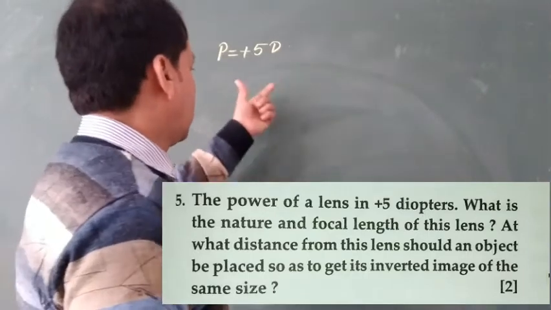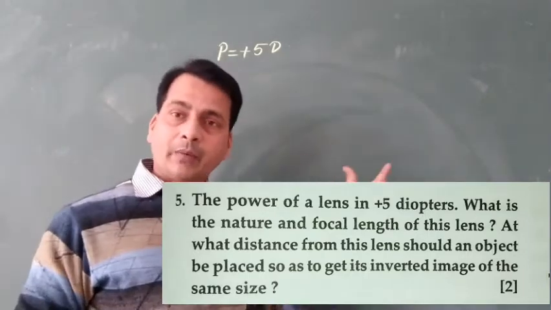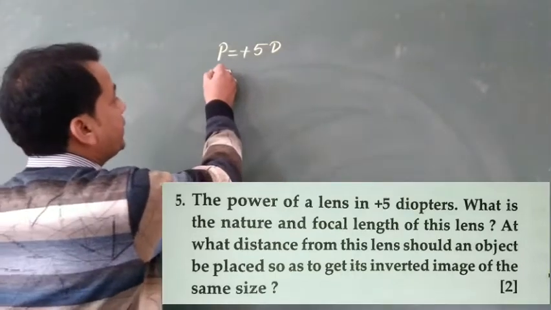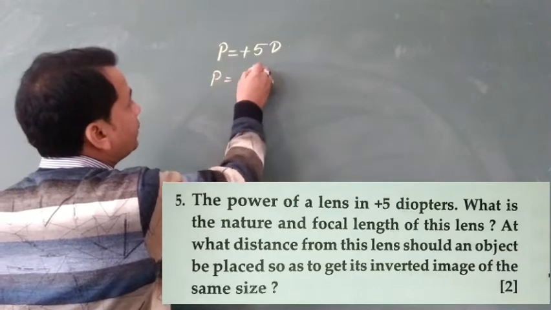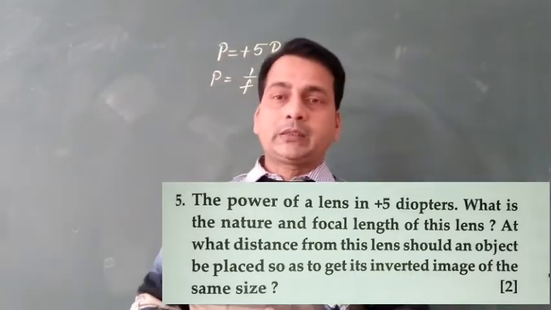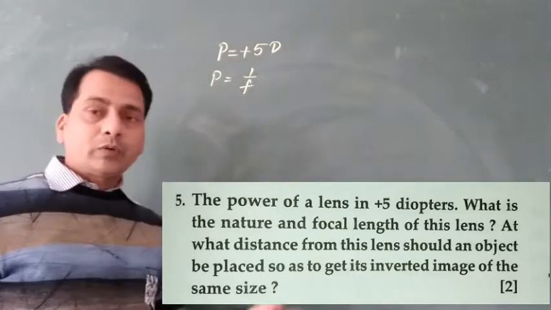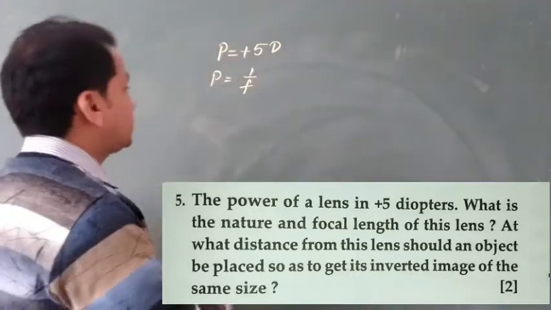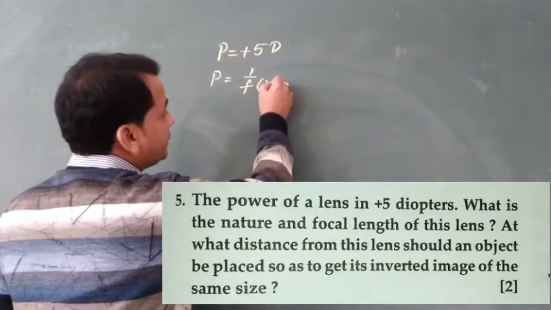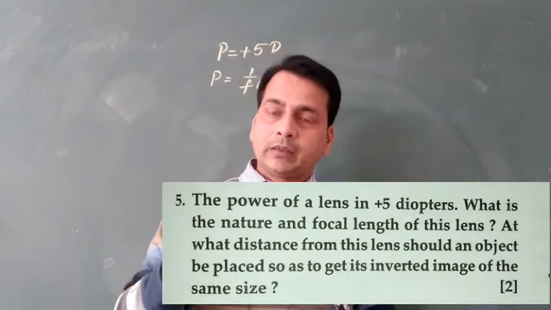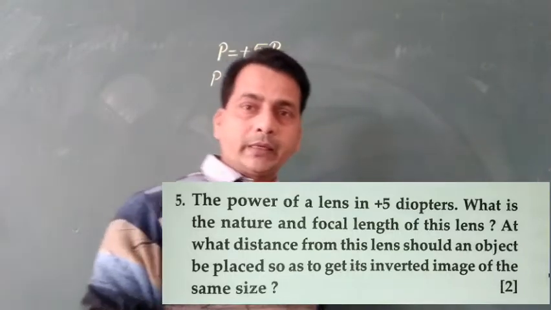The relation between the power and its focal length is P equal to 1 by f. Power is the reciprocal of the focal length. If the focal length is in meters, then P equals 1 by f.